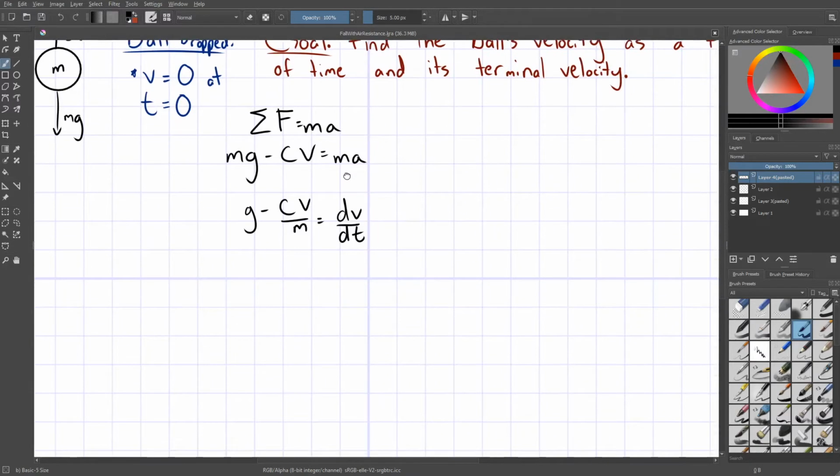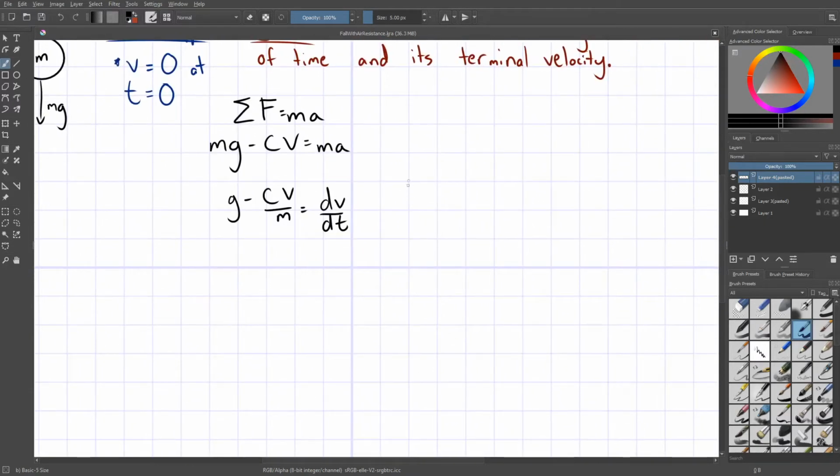Now, a little extra step is to make a little substitution that says that tau equals m over c, and I think this makes the differential a little easier to solve, so we can rewrite this as g minus 1 over tau times v equals dv over dt.